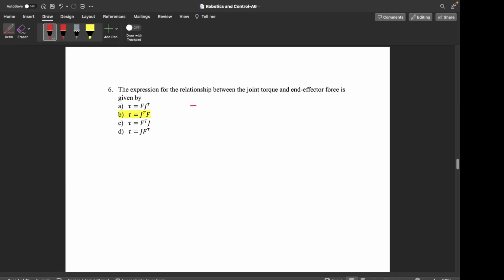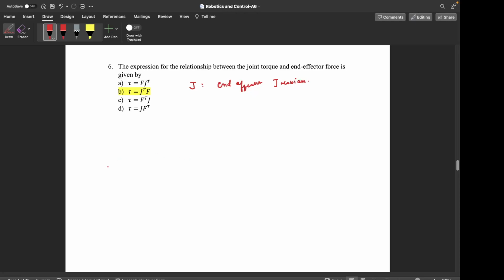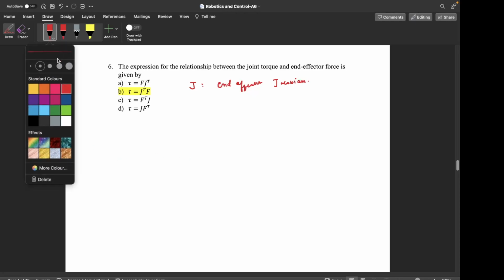This is the end effector Jacobian. And let me also draw a sample system just for reference.